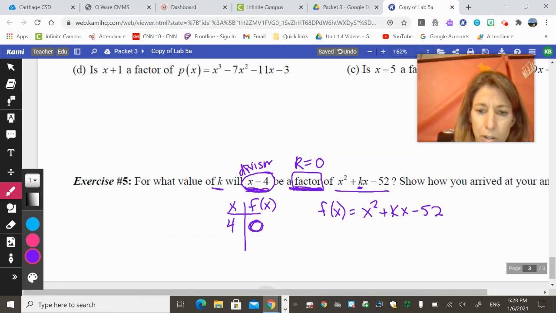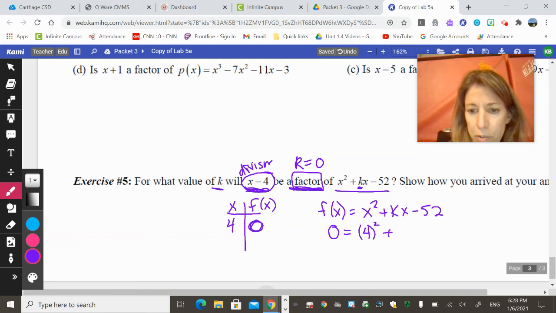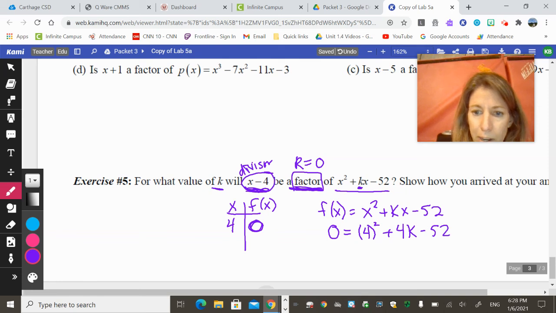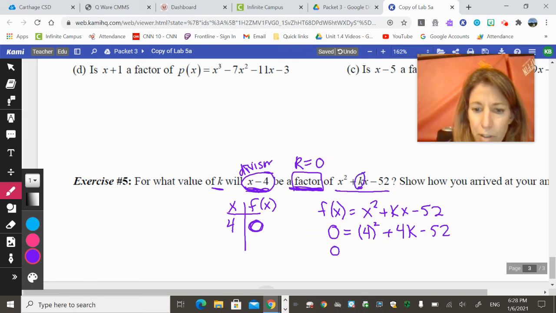So we're going to substitute our output of 0 and our input of 4, and then we'll just have one variable left, which is k. So k times 4, I'm just going to write 4k instead of k4, because it looks better. And then minus 52. I should have expected that, because if I'm solving for k, I can only have a single variable.